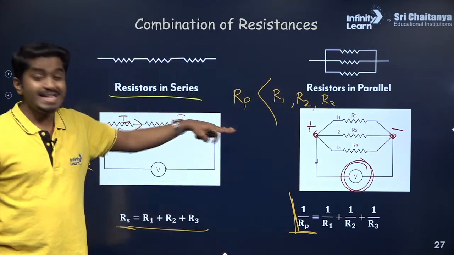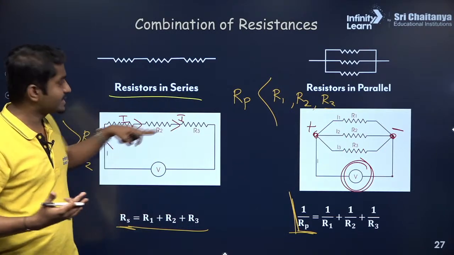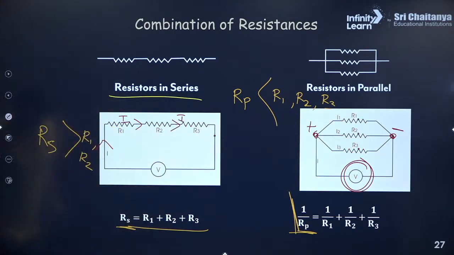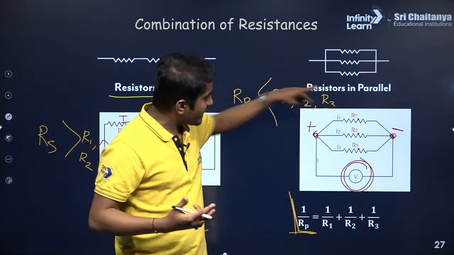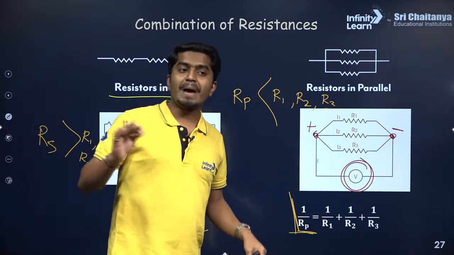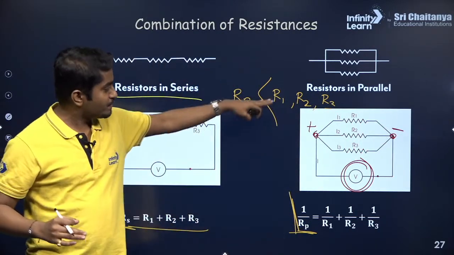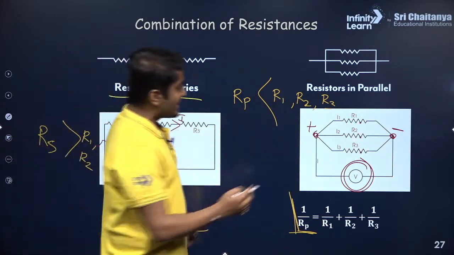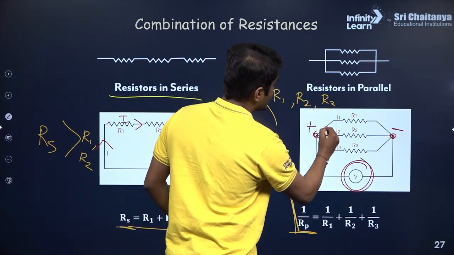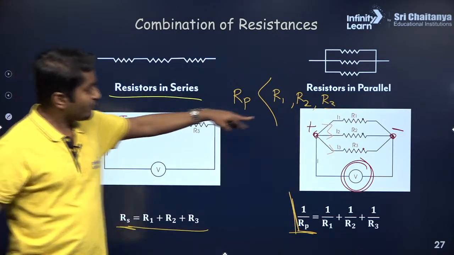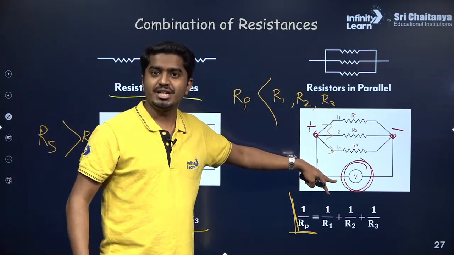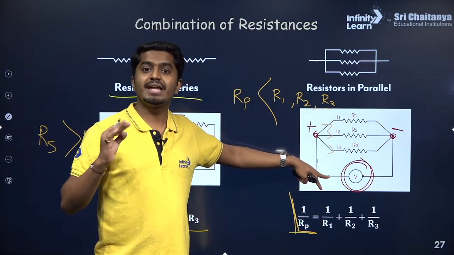So which is more practical, series or parallel? Parallel combination is more practical. In our houses, we use parallel combination. Why do we use parallel? Because each of them can draw the required amount of current and the voltage is maintained constant. These two are very important.